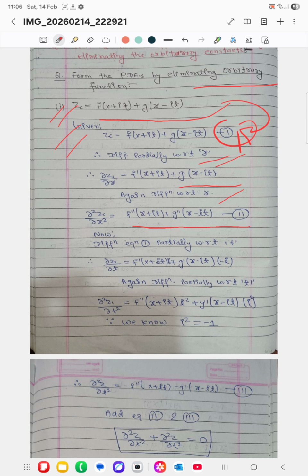Now we differentiate equation first partially with respect to t, and here we use the chain rule. You must know the chain rule. From the chain rule it becomes f dash of (x plus iota t) into iota, plus g dash of (x minus iota t) into minus iota.